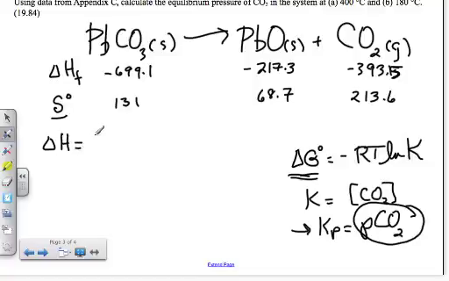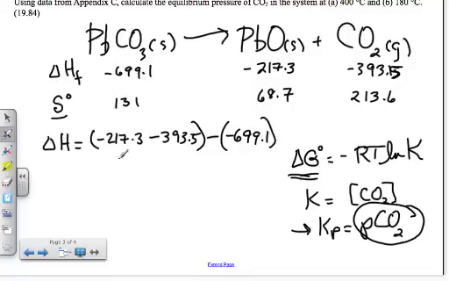All right, let's do delta H first. Products minus reactants: negative 217.3 plus a negative 393.5. That's your products, minus your reactant.